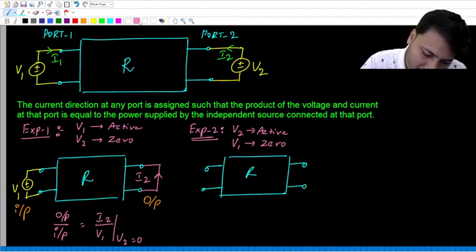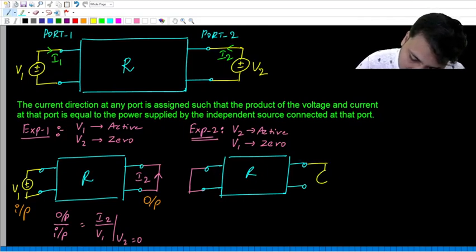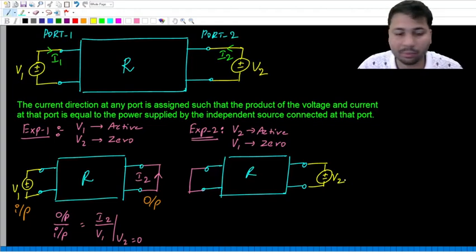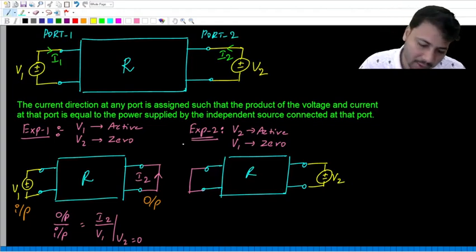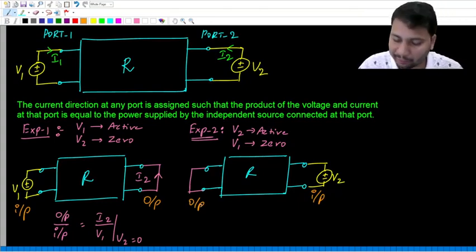When you make V1 0, on the left-hand side we have a short circuit, and this time V2 is going to be active, so on the right-hand side we have the same voltage source V2. Wherever you have the independent source, that acts as the input. So this time the input is on the right, so obviously the output is going to be on the left, and on the left side we have a short circuit.